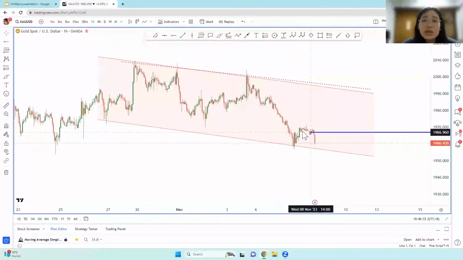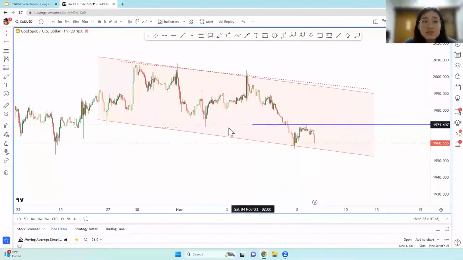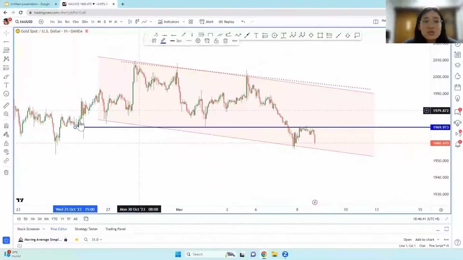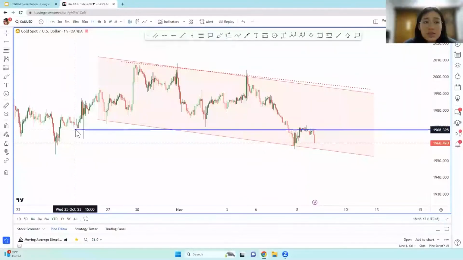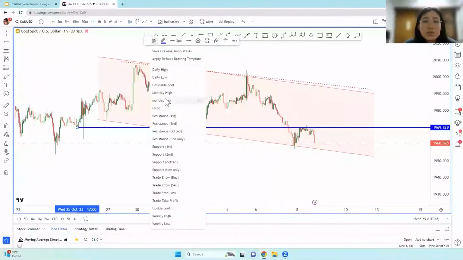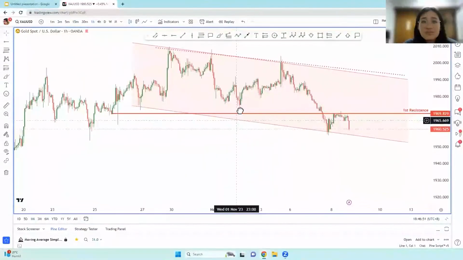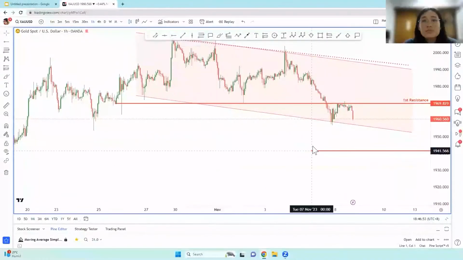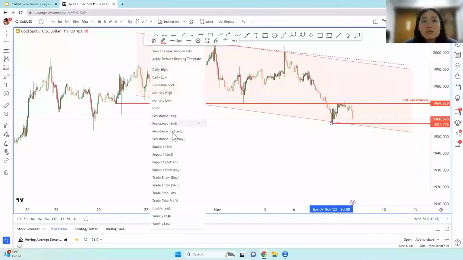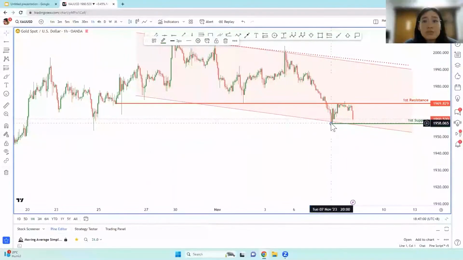Now let's go in with our support and resistance levels. I try and pull the chart back as far as I can, without cutting too many candlesticks, so that I can see how significant this level is. Here, this is my first resistance. This may be my first support.